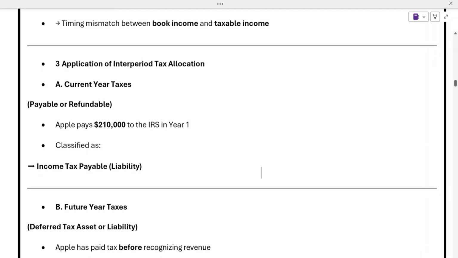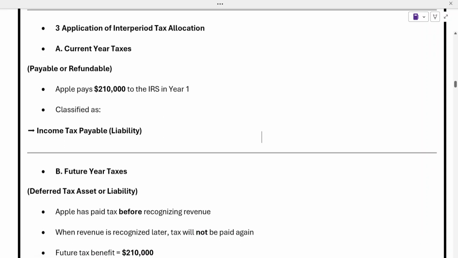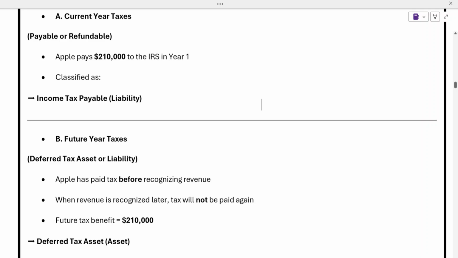Now what will happen in a future year, when year 2, 3, 4 somehow comes and people redeem those gift cards? You know that Apple has already paid taxes before, as per IRS.